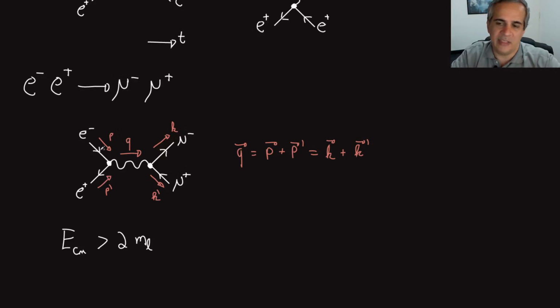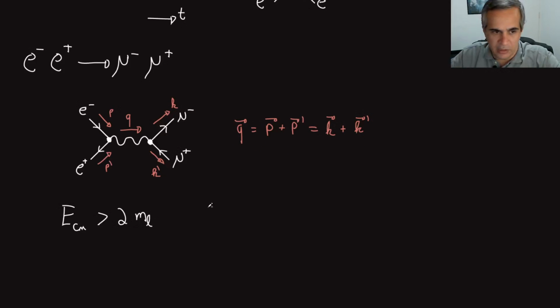Otherwise, I don't have enough energy to produce them. This is always true for the electron itself, because at the very least, if I put the electron and the positron just sitting there close to each other, the center of mass energy will be twice the mass of the electron.